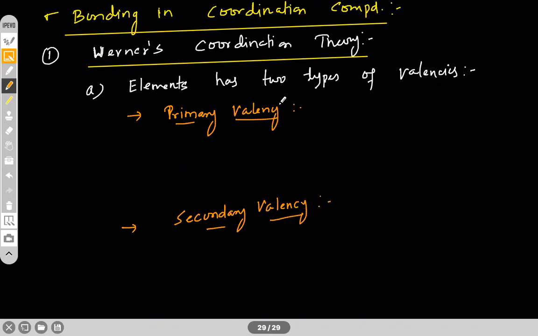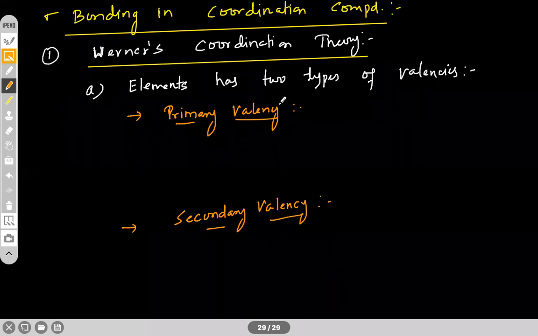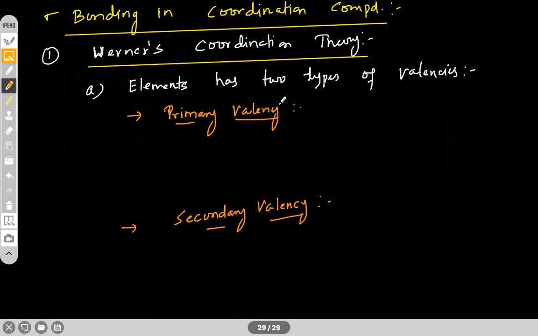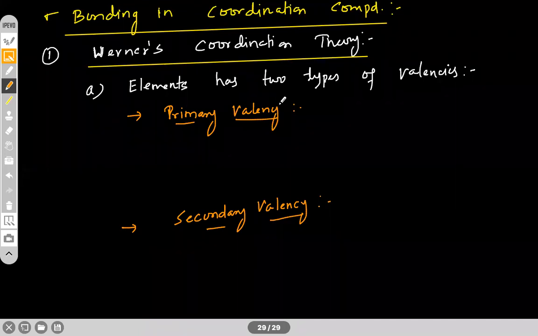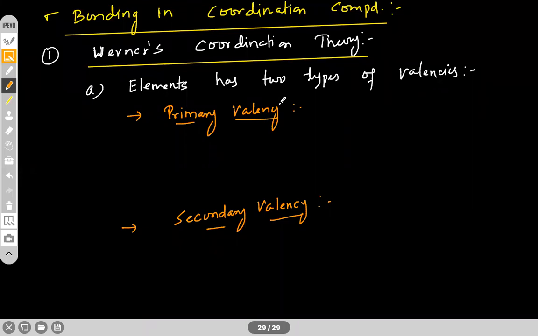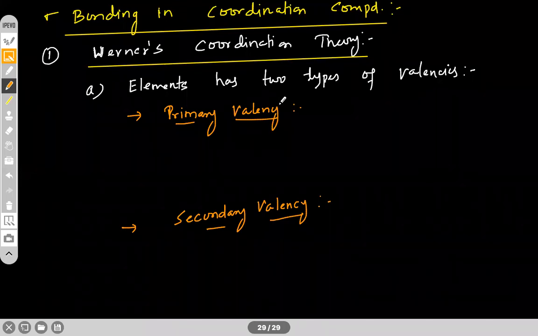First point I've given you. Second point, it is satisfied by either neutral molecules or negative ions. What is the meaning of satisfied by? I'll discuss that in the last. First, you write down the notes. Till now, you see the negative ion satisfies both kinds of valencies, primary as well as secondary.